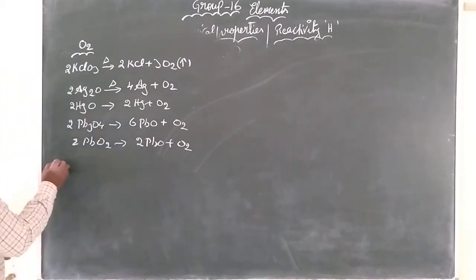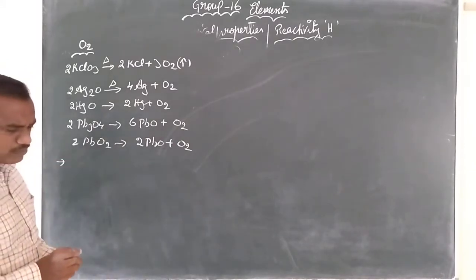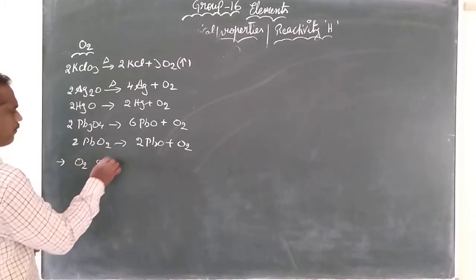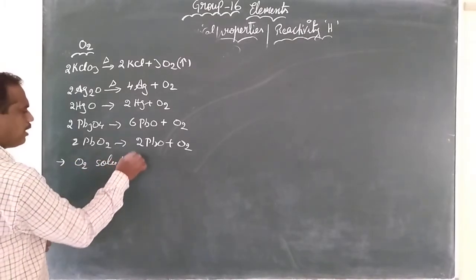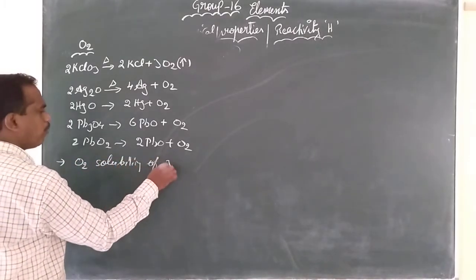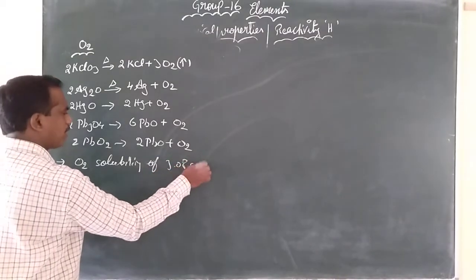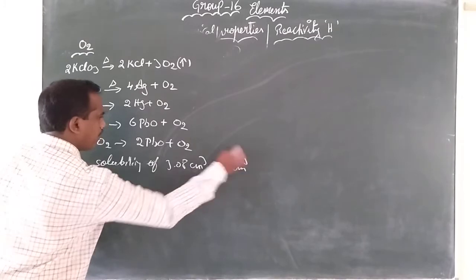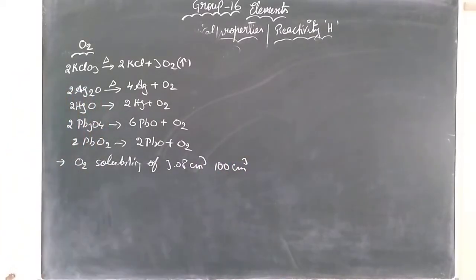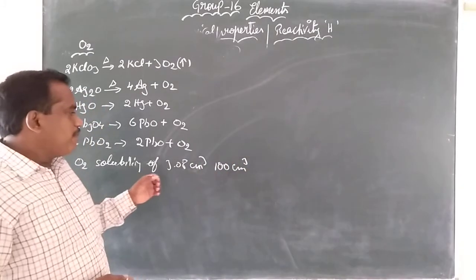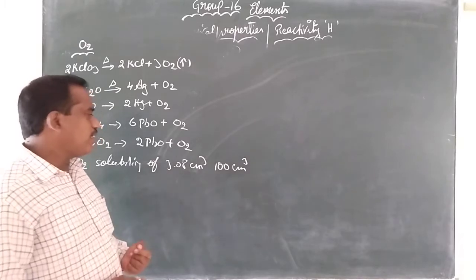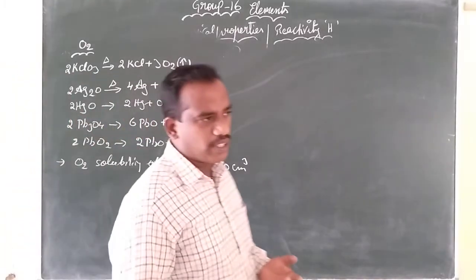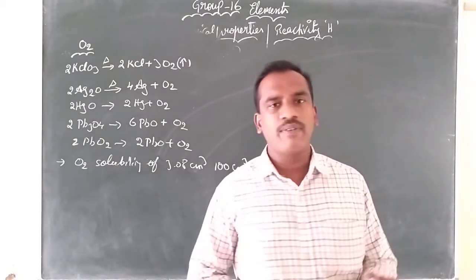Another important point here is that oxygen is having a solubility of 3 point some decimal cubic centimeter in 100 cubic centimeter of water. So its solubility is around 3.0 cubic centimeter in 100 cubic centimeter of water.